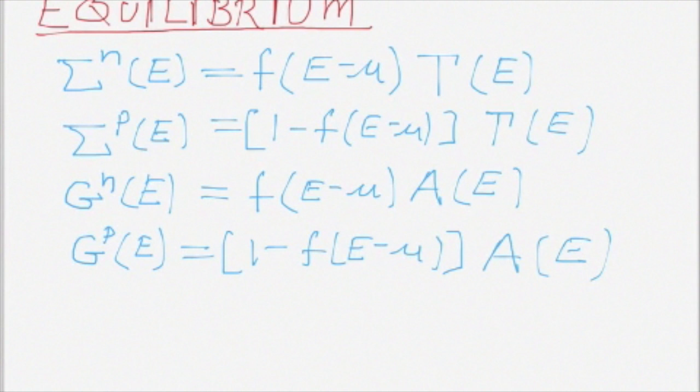So in equilibrium, all you need is the retarded Green function, and you've got your electron density and your hole density. And that's pretty much all there is to it, because you know the current is 0 because you're in equilibrium.